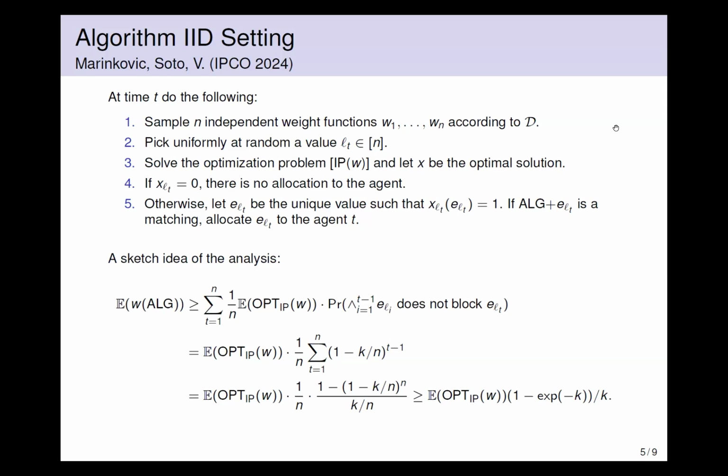So then the 1 over n with this other n, they cancel out, and then you recover 1 minus (1 minus k over n) to the n, but this is at least all the time 1 minus e to the minus k. So then you get 1 minus e to the minus k over k. Yeah. It's a simple algorithm, and it already gives you something slightly better than 1 over k. Right? Excellent.